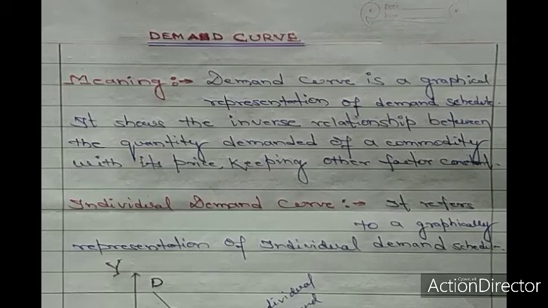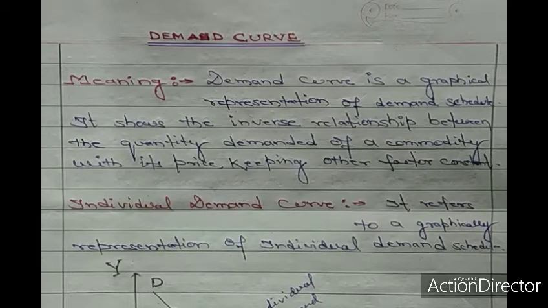So it is the locus of all the quantities demanded at various levels of price during a given period of time. And as we discussed in the previous video, there should not be any change in other factors. We have to keep the other factors constant, and only then, if I increase or decrease the price, the quantity demanded will change accordingly.